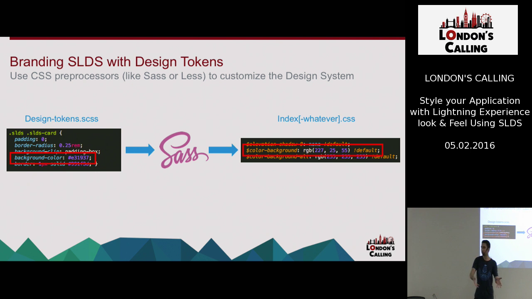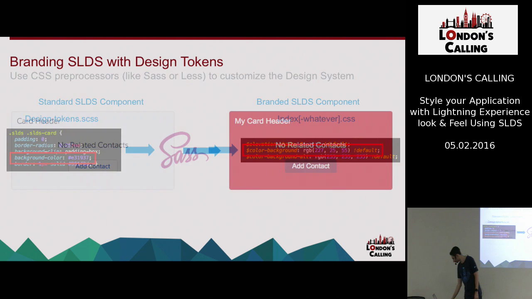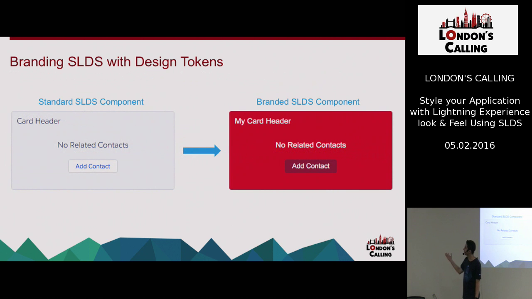You compile it, and it will change in all the components that are using it. So it's a much cleaner way to have consistent components. Here is an example where I changed a few colors, recompiled the CSS, and my card component has some branded color.